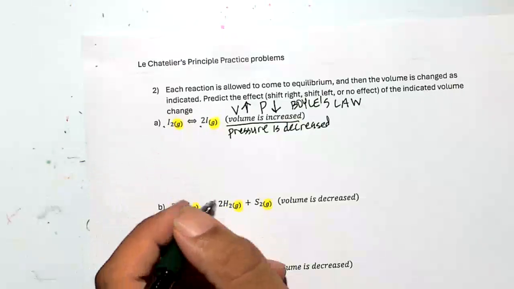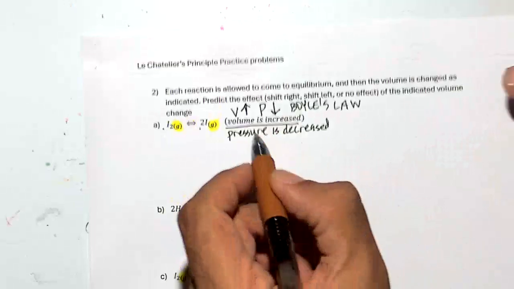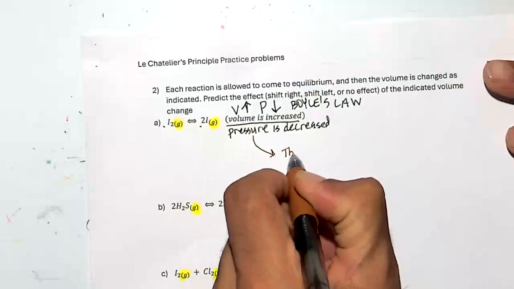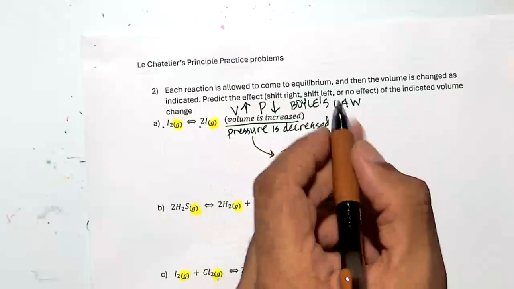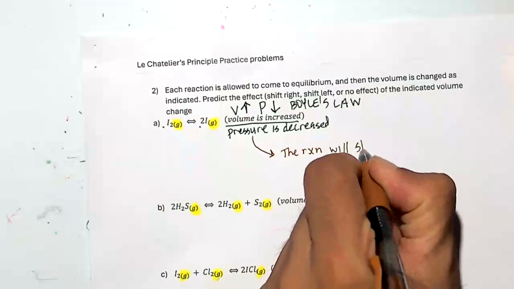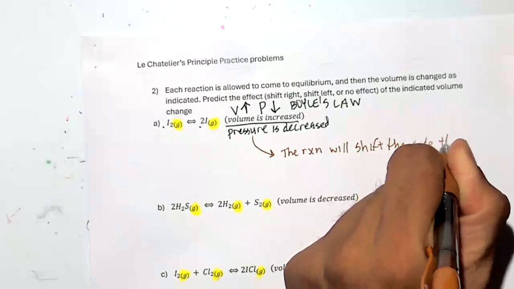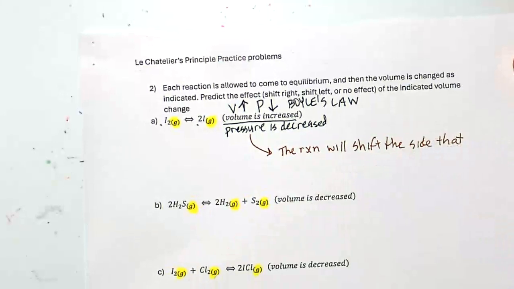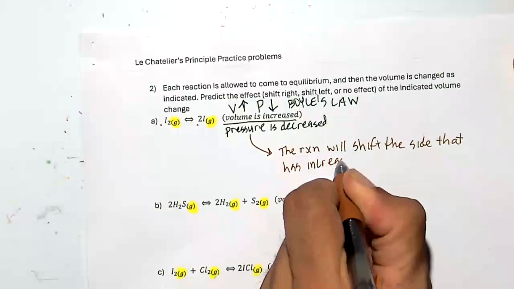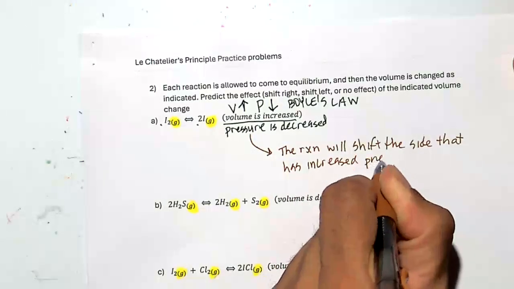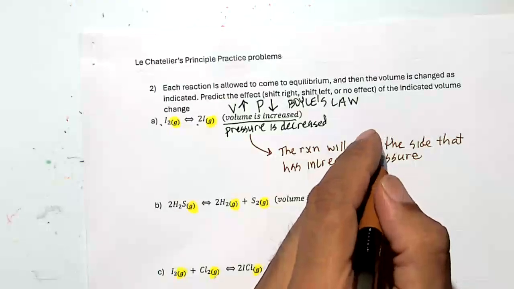2 moles. So if you decrease the pressure through increasing the volume, the reaction will shift to the side that has increased pressure, more pressure. So which side has increased pressure?